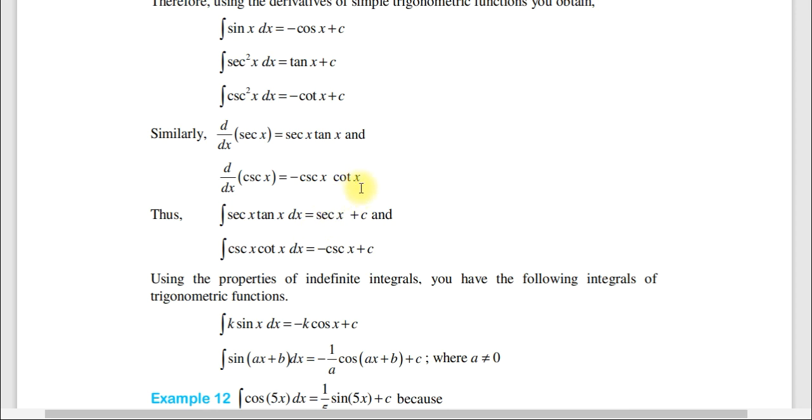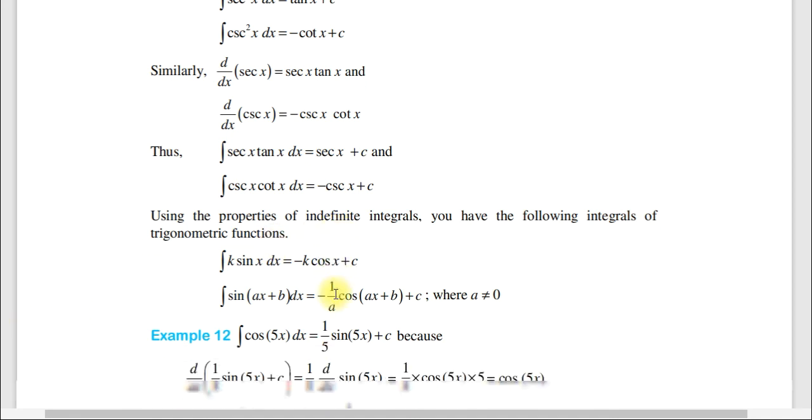ማለት ነው ስለዚህ እነዚህ ነው simple trigonometric የምንላቸው ማለት ነው። So, using the property of indefinite integral, you have the following integrals of trigonometric function.